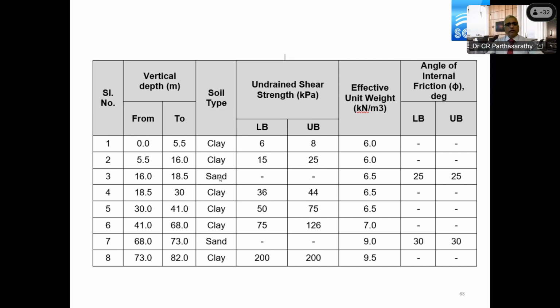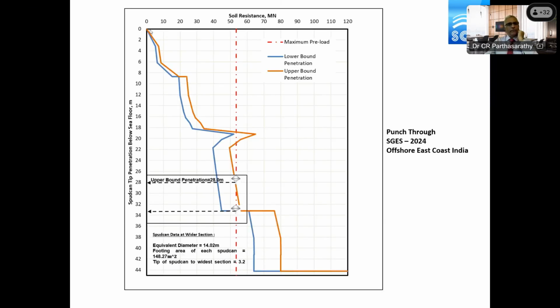So you have to take care of this condition to assess the punch through, and then you see where the legs will stabilize. So we carefully examined and made this assessment, including the punch through assessment for the sand layers.